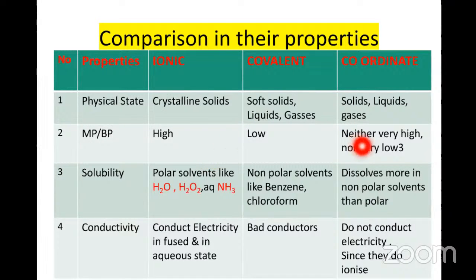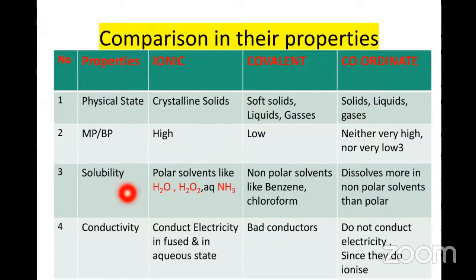Coordinate compounds are neither very high nor very low. That means their melting and boiling points lie between those of ionic and covalent compounds.